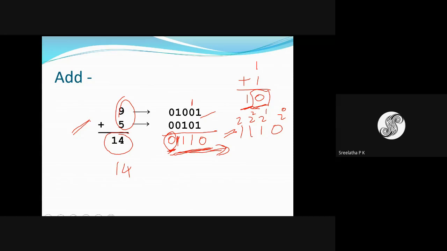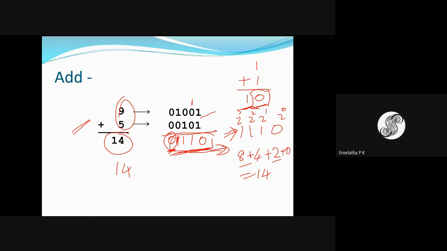So 1 into 2 power 3 is 8, plus 1 into 2 power 2 is 4, plus 1 into 2 power 1 is 2, plus 0, that is 14.